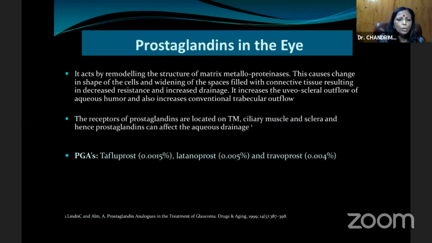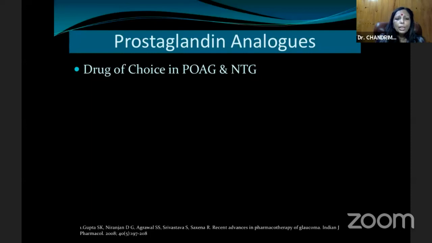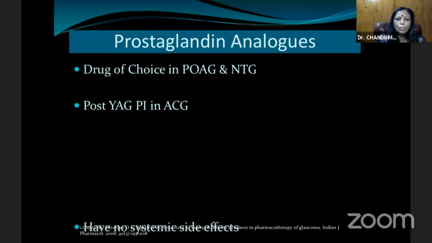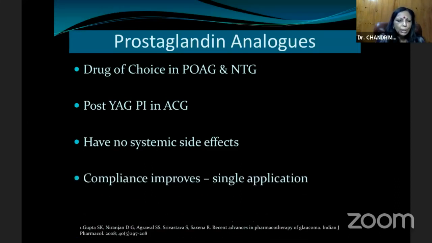So I'll just move on to a few points. We use tafluprost, latanoprost, travoprost, and of course bimatoprost. The difference between them, as we all know, is that bimatoprost is an amide and the others are esters. So prostaglandin analogues are the drug of choice in primary open angle glaucoma and normotensive glaucoma, PI in angle closure glaucoma, and really have no side effects except, of course, you can't use them in pregnant women.